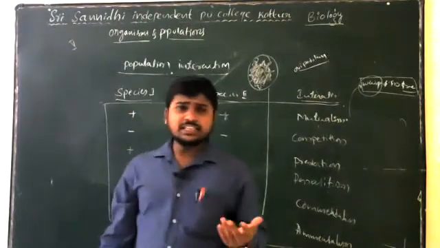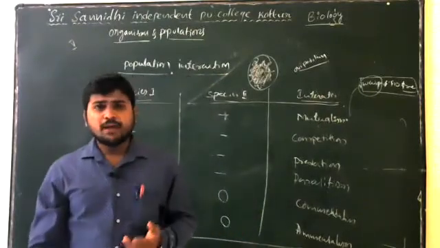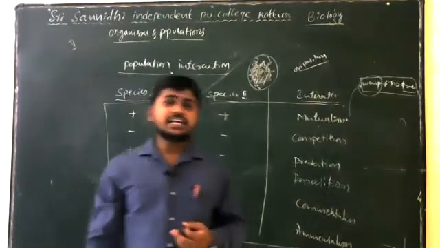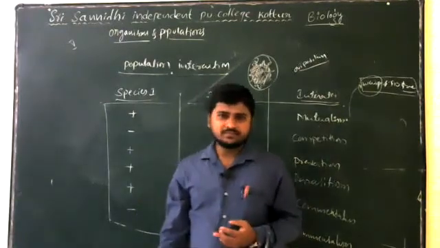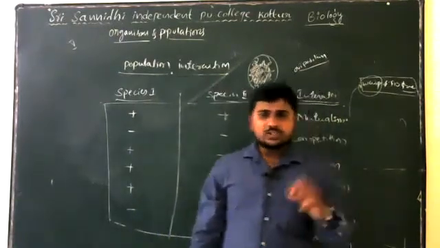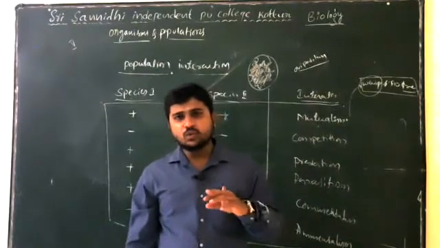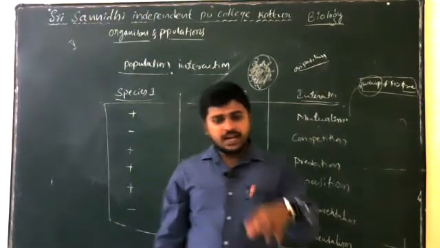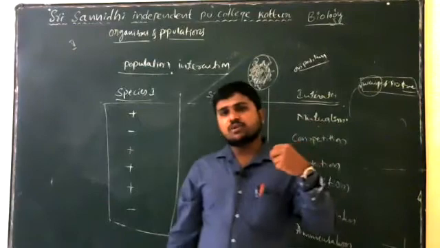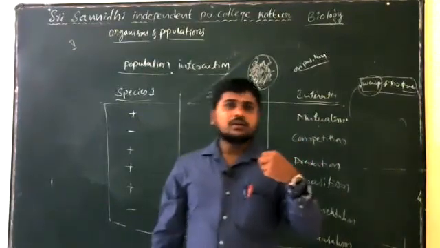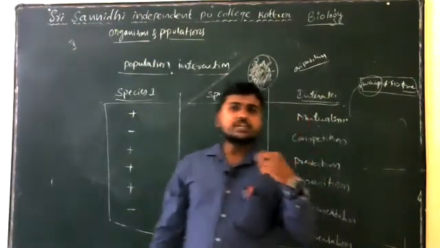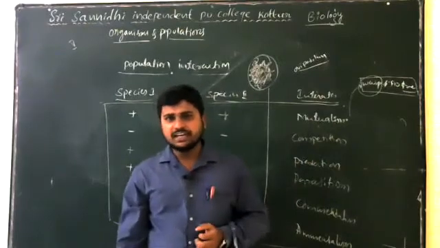You can take another example, that is mycorrhiza. Myco means fungi. Rhiza means root of higher plants. It is an association between fungi and the roots of higher plants, where fungi are able to absorb the nutrients from the soil. In return, the roots of the plant provide the sugars for the fungi.